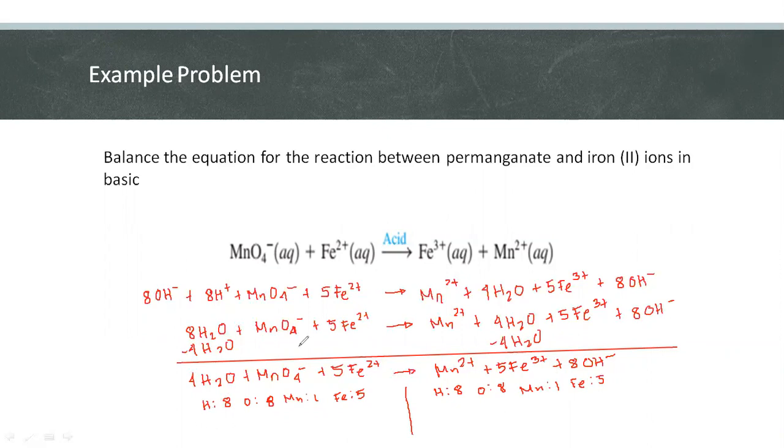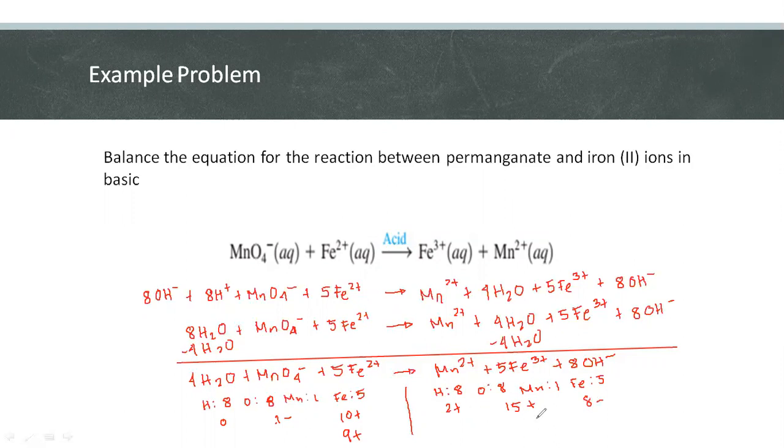For charge, we have 0, 1 minus, and 10 plus. Therefore, the charge at the left side is 9 plus. At the right side, we have 2 plus, 15 plus, and 8 minus.